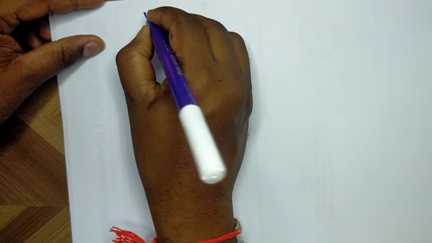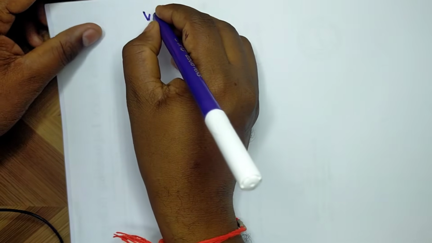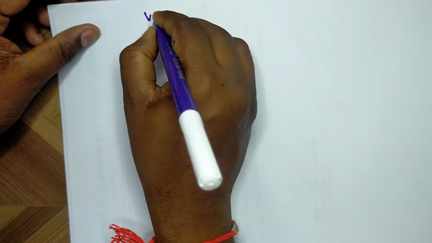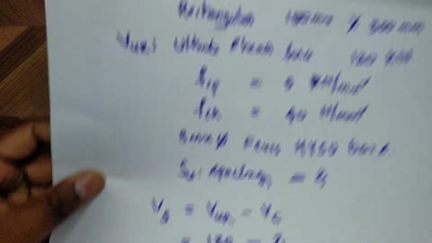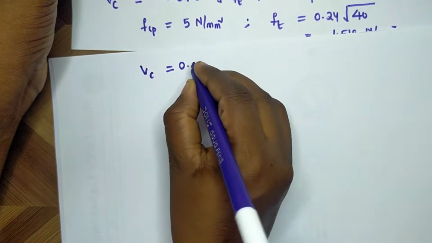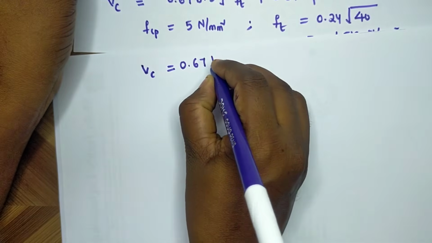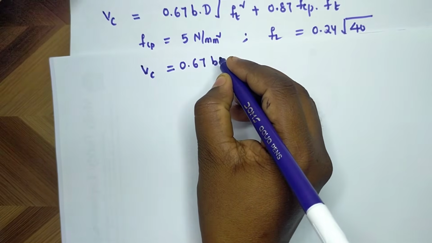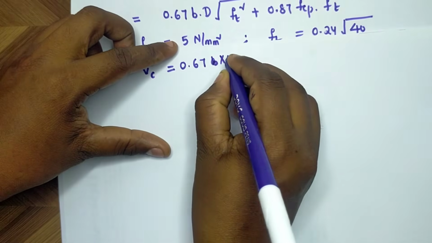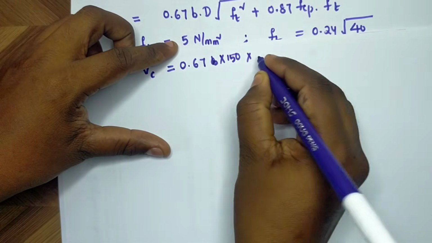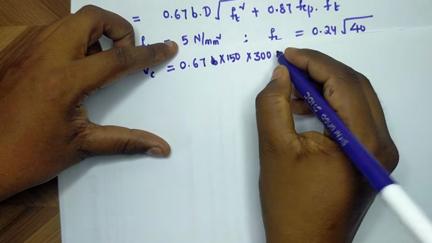VC is equal to 0.67. What is the B value? B value is 150. Depth is 300.